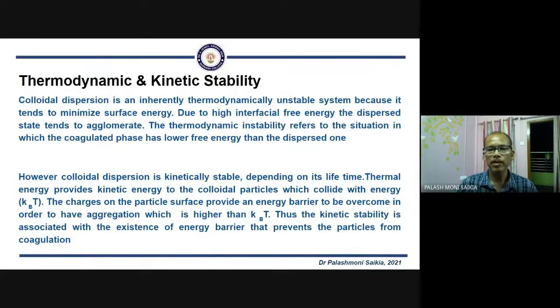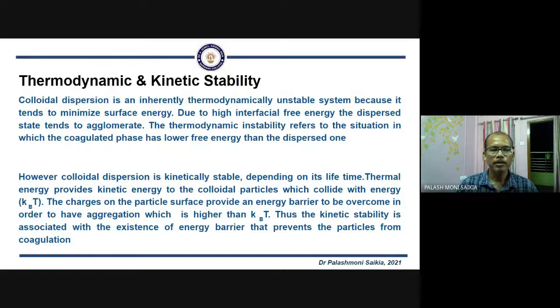The dispersed phase has higher free energy, so they don't want to stay in the dispersed phase. They want to move to the coagulated, precipitated phase, which has lower free energy. So when we speak about stability in terms of thermodynamics, we say that a colloidal dispersion is thermodynamically unstable.